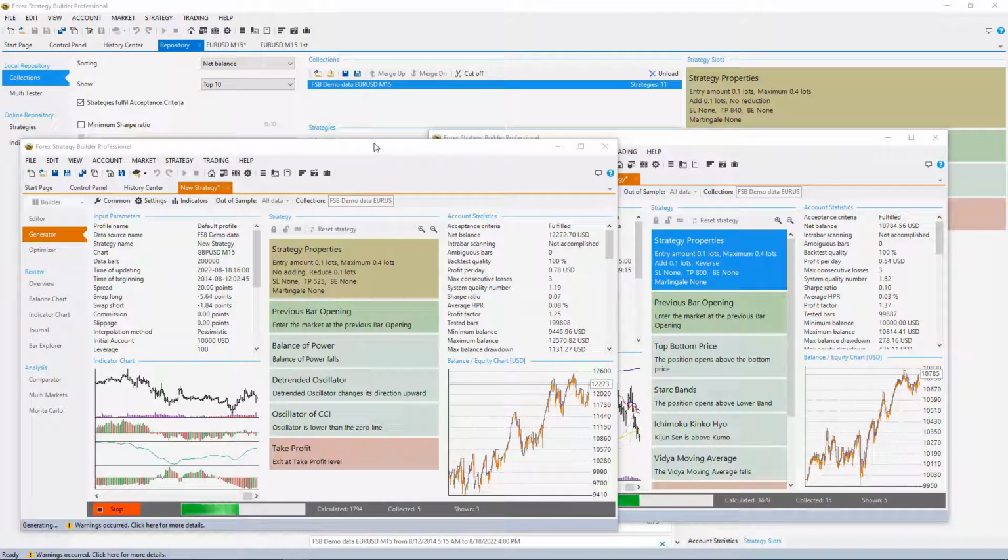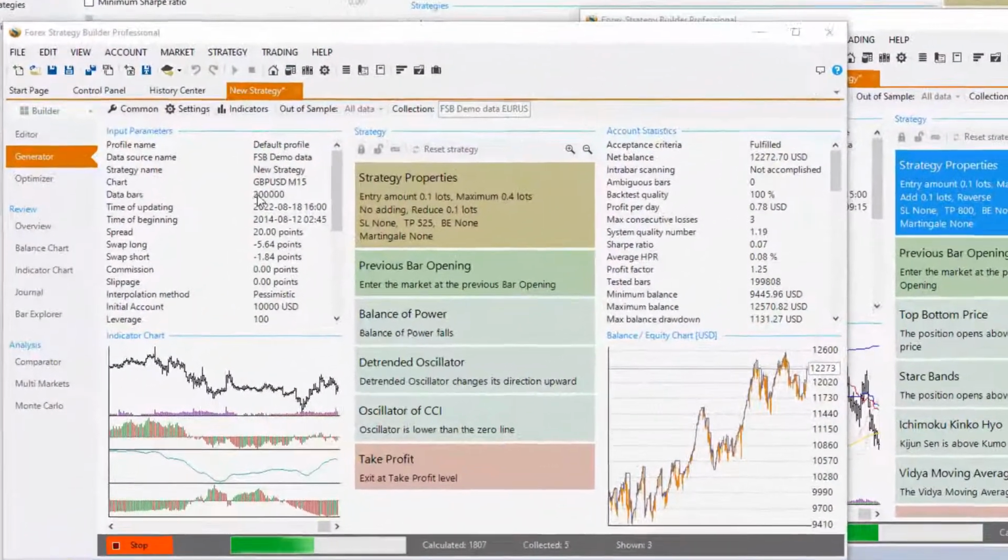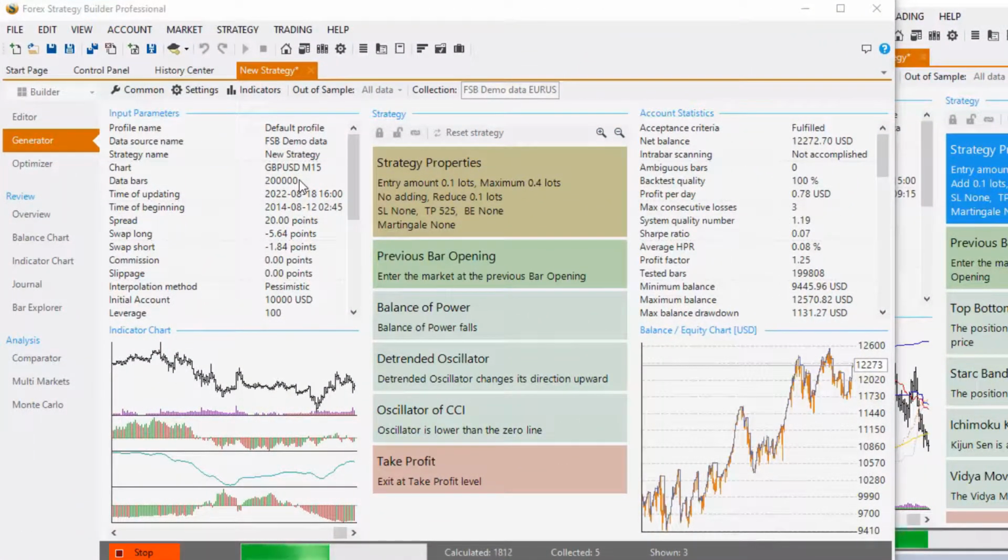And I waited a few minutes after recording the previous video to show you the fact that when we use bigger number of bars for the pound dollar, I stick to 200,000.